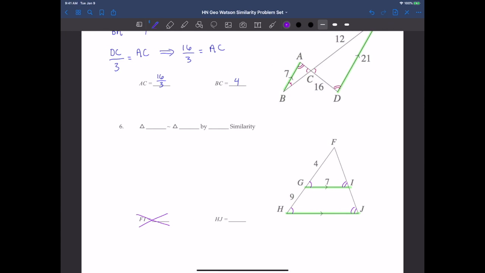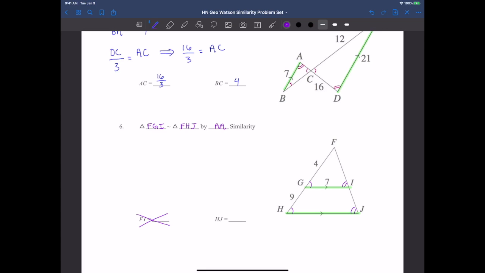So now we can write a triangle similarity statement. We're going to say triangle FGI is similar to triangle FHJ by angle-angle similarity because we have two pairs of congruent angles. In order to find HJ, we are going to write and solve a proportionality statement.